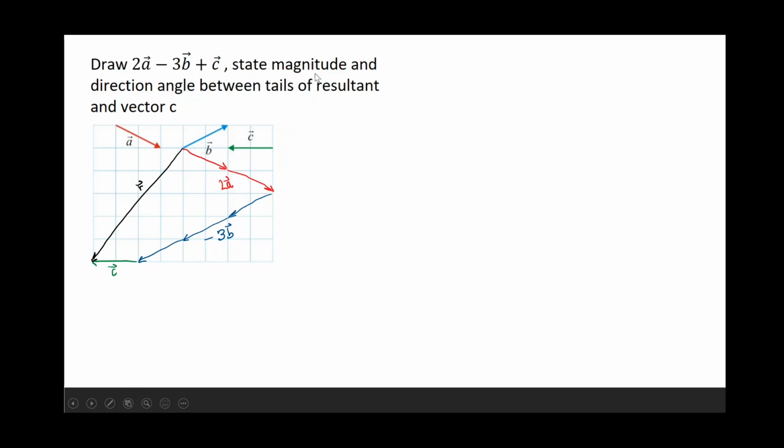Again, in order to find the magnitude, we can get rid of this rough work and just think about the resultant itself and how many squares we have vertically and horizontally. To find this magnitude, we can use the Pythagorean theorem. To find the angle to vector c, we have to locate this vector tail to tail with the resultant vector and find this theta.